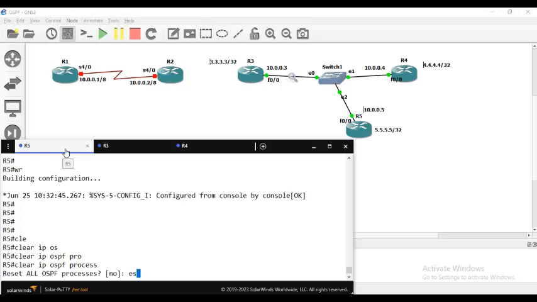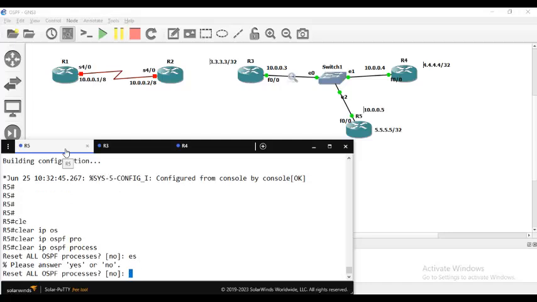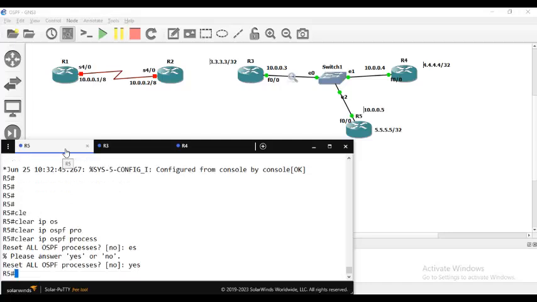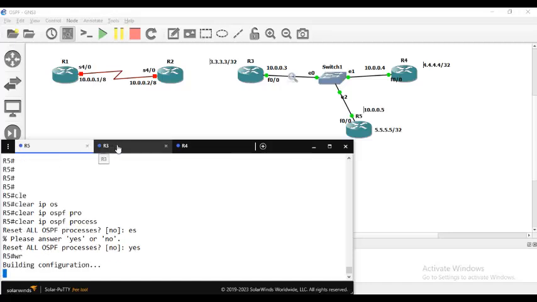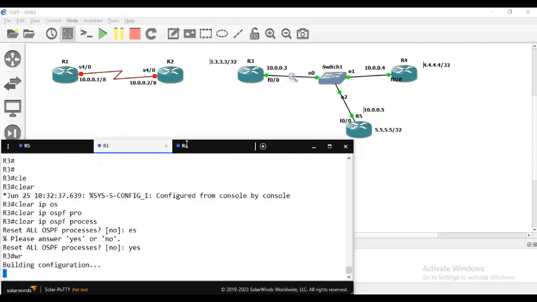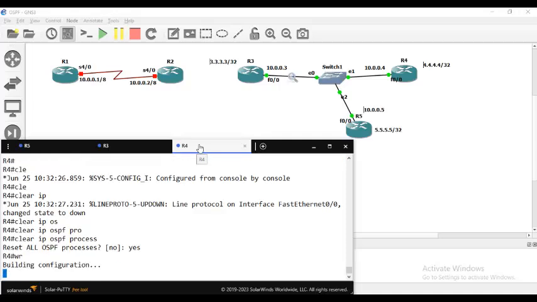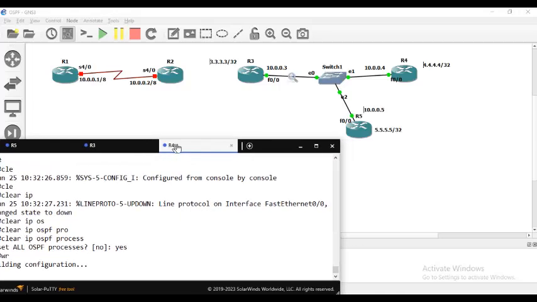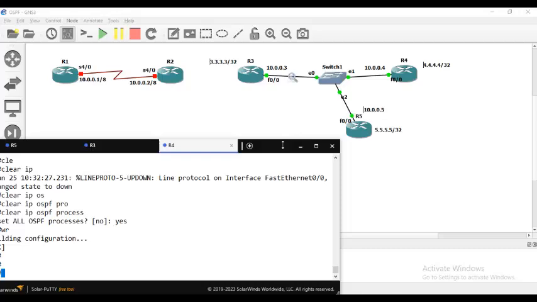Now show IP OSPF neighbor. Aha. This is what made that neighbor discovery happen. It's keeping this in the buffer.